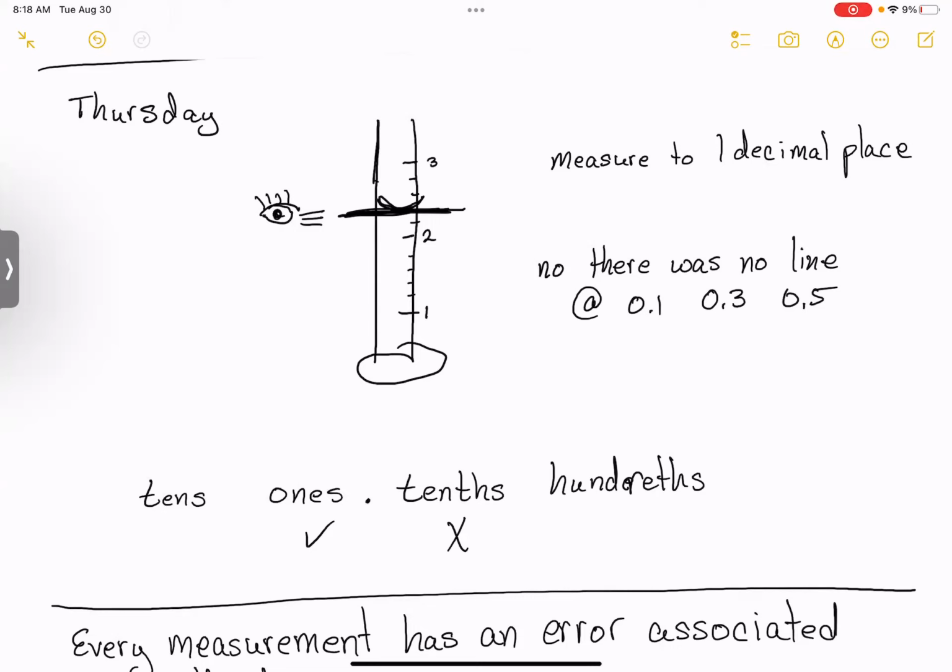And I can't control yours. So that opinion piece is a random error, as long as you're at the correct level to make the measurement in the first place.